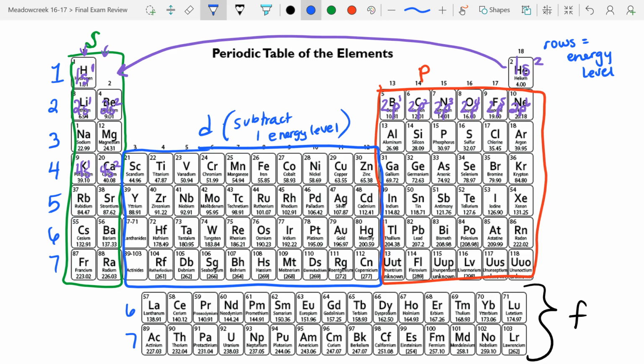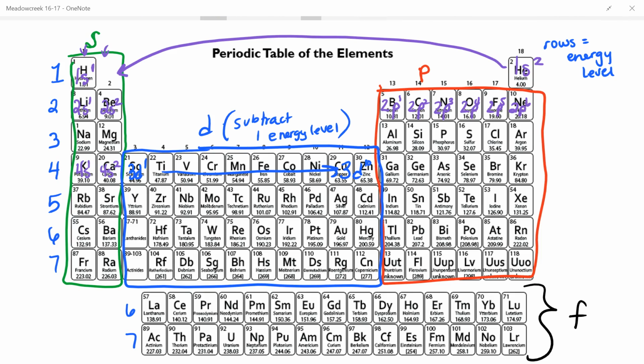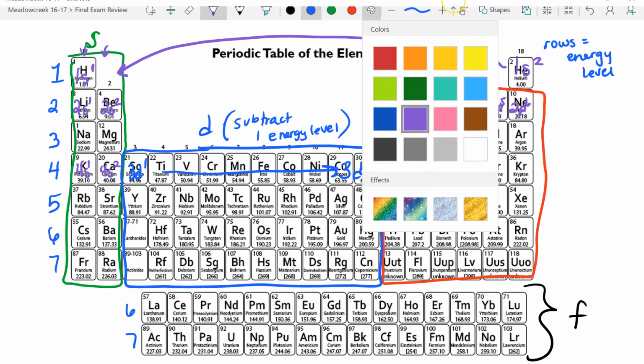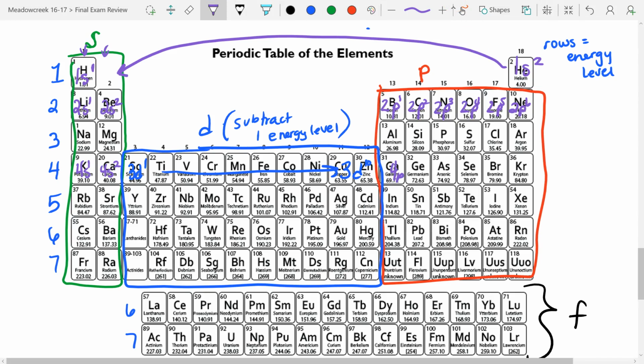So 4s, even though it's on a higher energy level, requires less energy than the 3d. So this would actually be 3d1 all the way to 3d10 for zinc. And then it would go back to the original 4p1 all the way to 4p6.